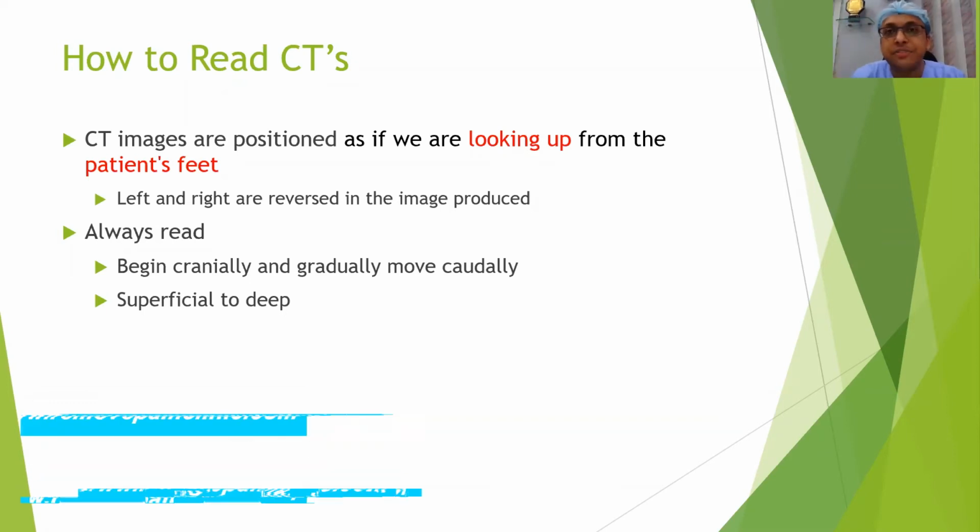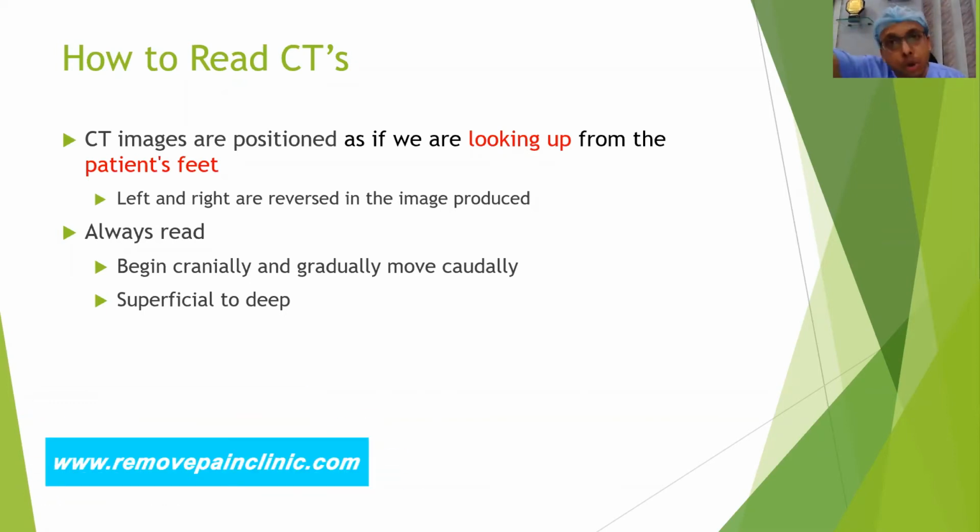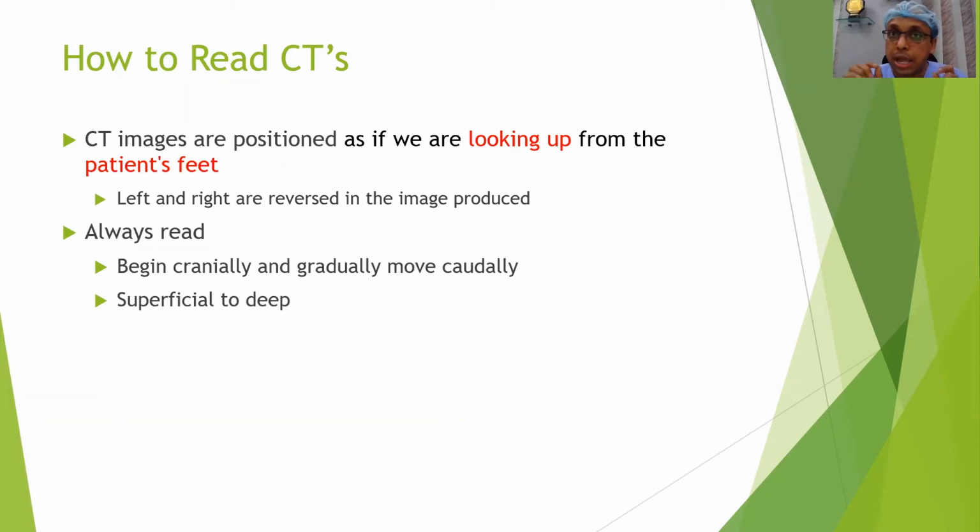But for transverse views, axial views, you are looking from cranial to caudal. Please note it down if you are writing. When you are looking at the axial, transverse view, you are looking cranial to caudal, head to toe. For the sagittal view, you are looking from lateral to medial, and for the coronal view, from anterior to posterior. So that's how you are going to read it.